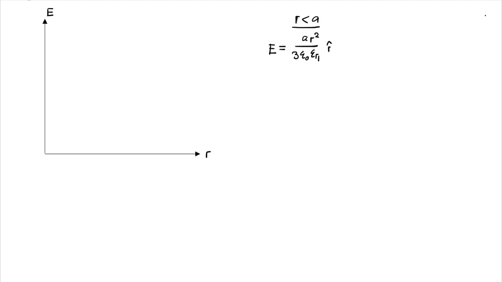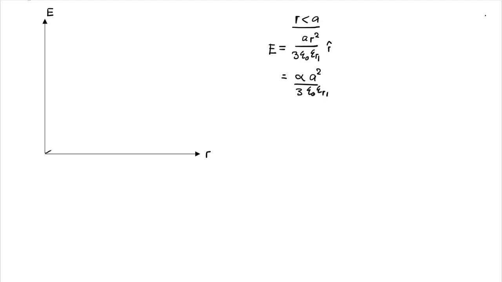So very quickly, all we have to do to plot this graph is take our maximum radius for this equation and sub it in, and the maximum for this equation would be A. So we would just take E equals alpha A squared over 3 mu naught mu R1, and that would be our first plot that we need to draw.